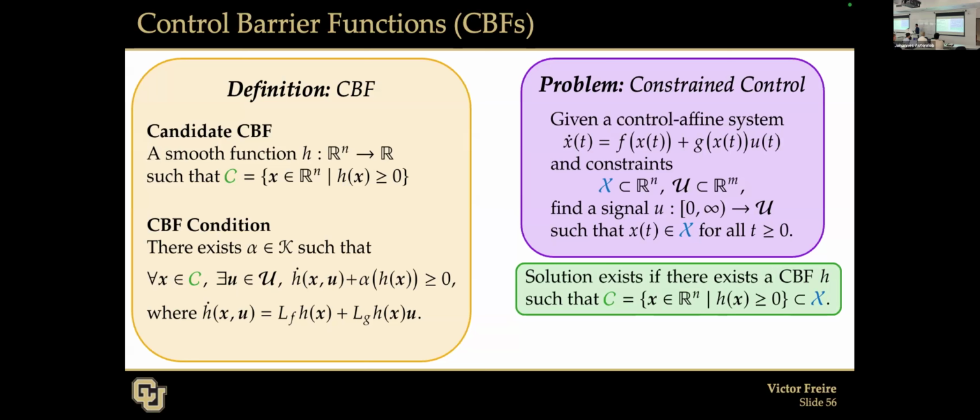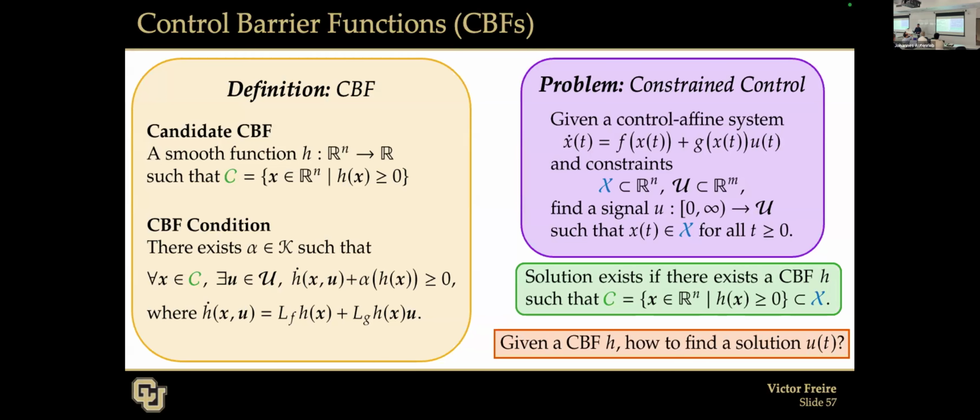So if you have a function h whose super level set is a subset of your constraints, and that function h is a CBF, you also have a solution to the constrained control problem. So now, if someone gave you a CBF whose super level set is admissible, you have a solution to the constrained control problem.